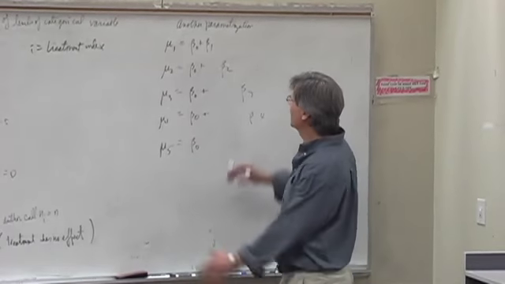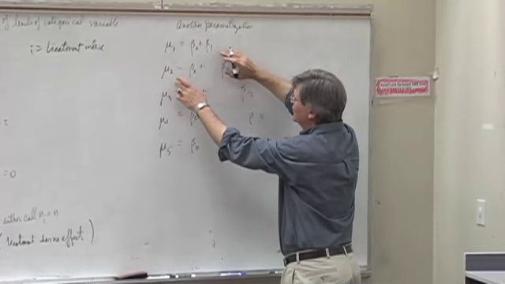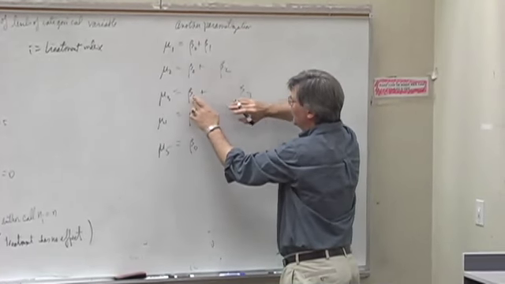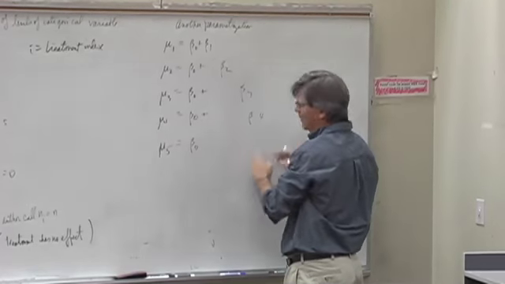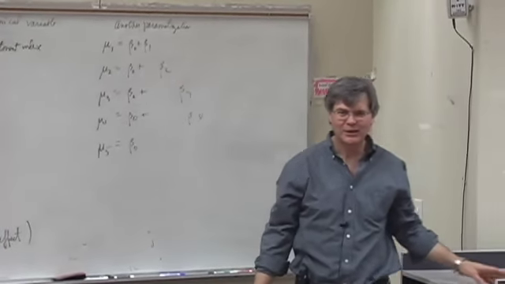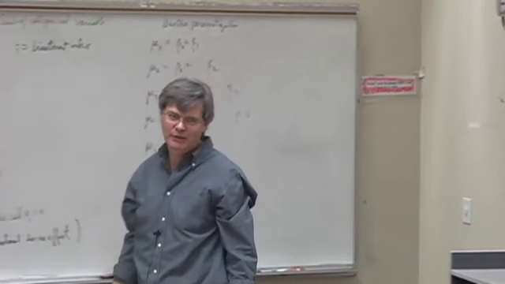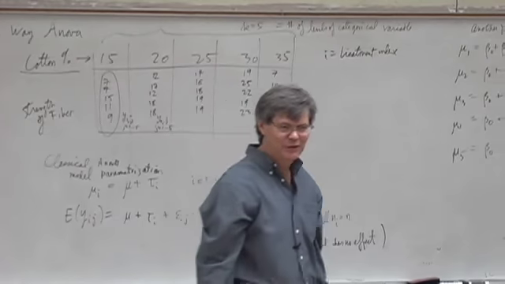It might have made a little bit more sense to shift this whole thing down. Mu1 is beta 0, mu2 is beta 0 plus beta 1, mu3 is beta 0 plus beta 2, mu4 is beta 0 plus beta 3, mu5 is beta 0 plus beta 4. That would seem more natural to me. It would have fit exactly the way he brought the indicator variables in the first half of this chapter as well, because now the indicator variables have to be shifted up.